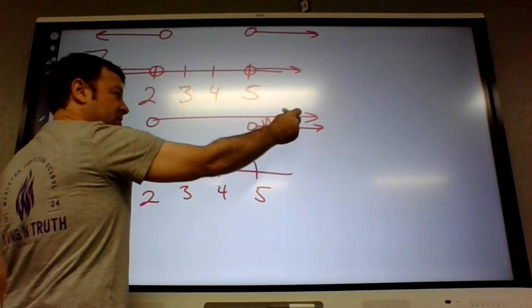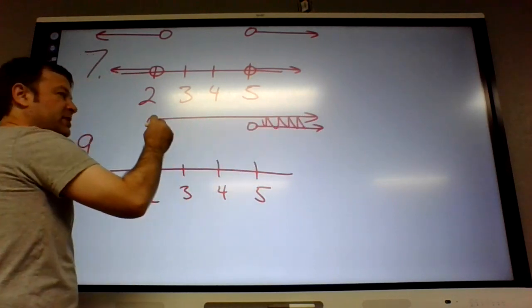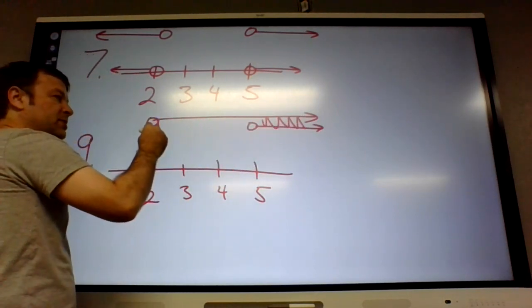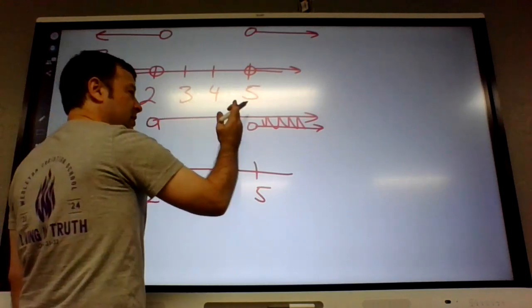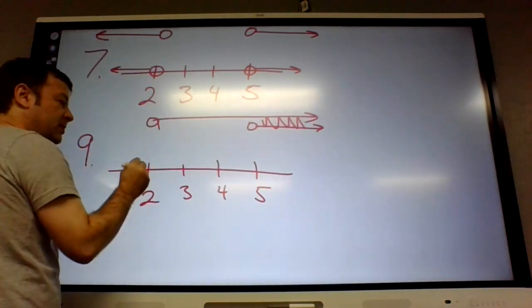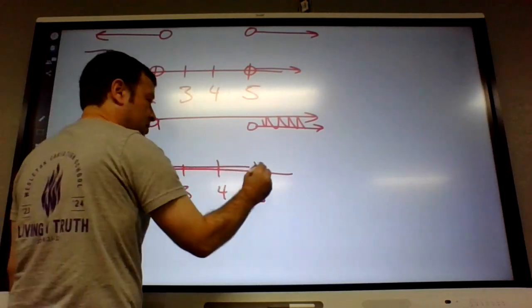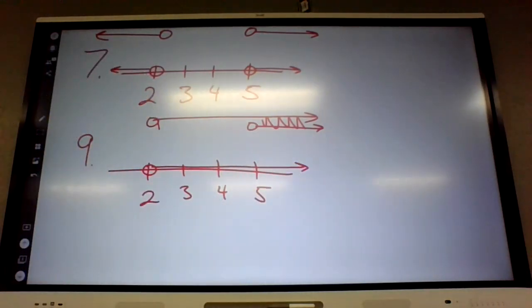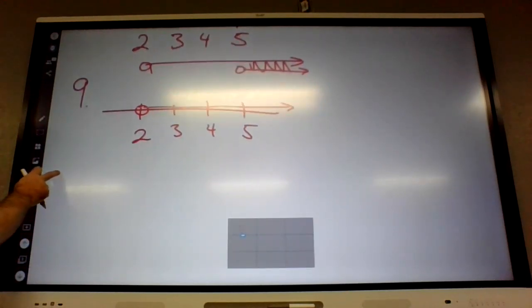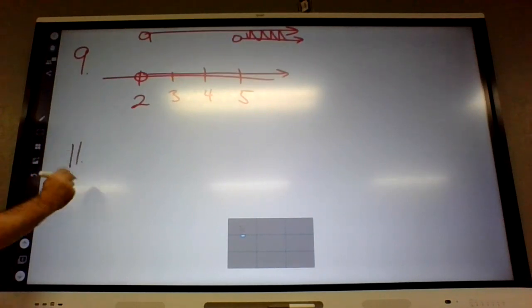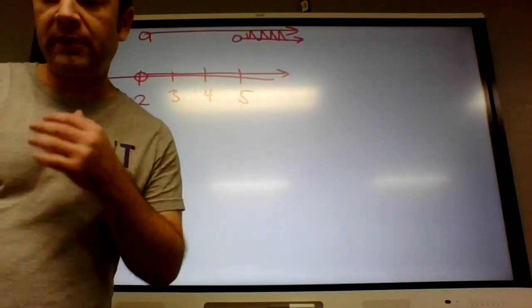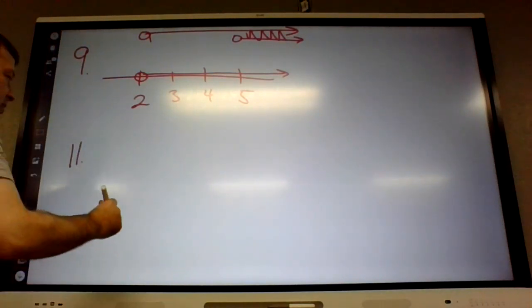Because and means it's got to be both, but or means it could be either. So we're actually going to start way back here because either of them covers all these numbers. So starting back at 2. Number 11, less than or greater than -4.